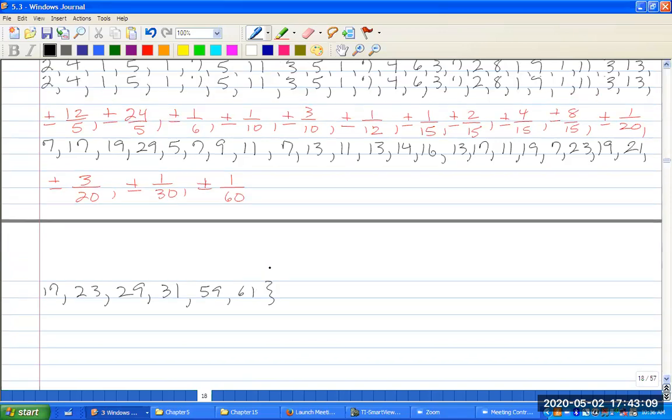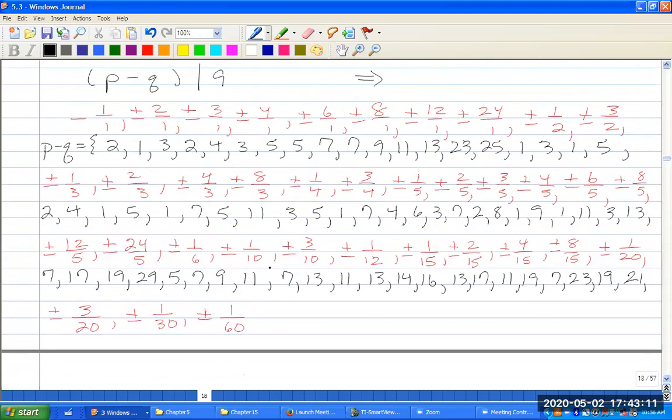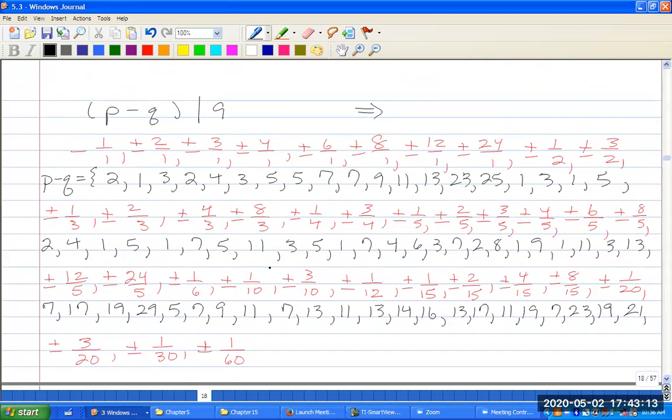Okay, so I want these to be divisible, be a factor of 9. A lot of things are gone. So factors of 9.